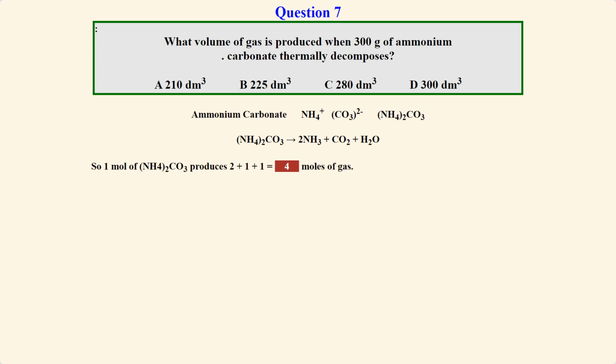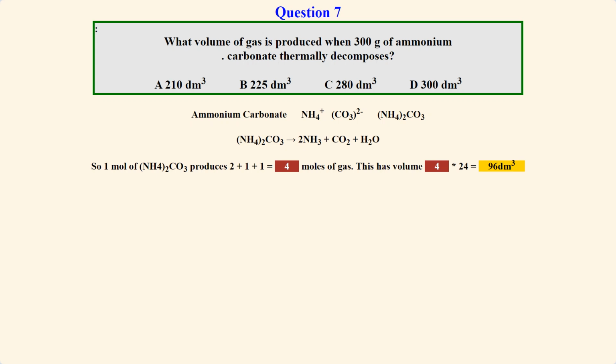Now, each mole of gas occupies 24 cubic decimeters in volume. So if we've got 4 moles, we're going to have 4 times 24, 96 cubic decimeters. So therefore if we heat up 1 mole of solid ammonium carbonate, we're going to get 96 cubic decimeters of gas in total.